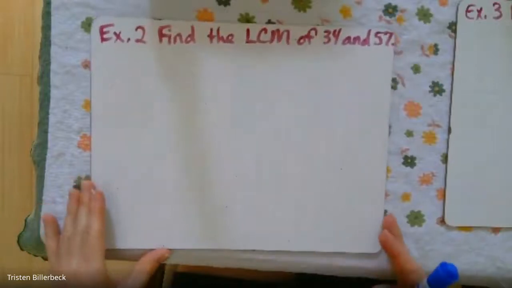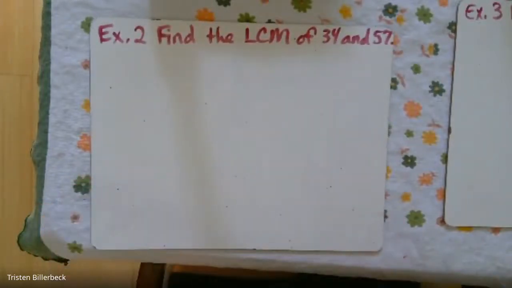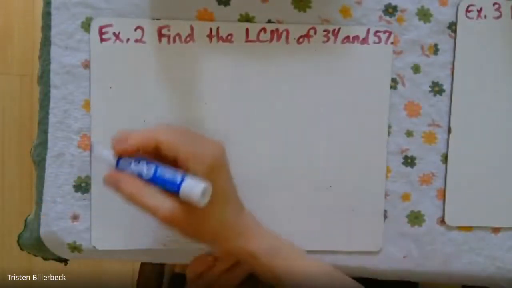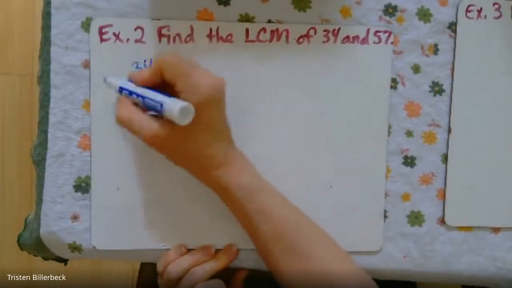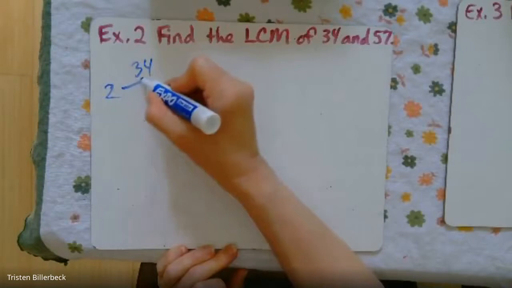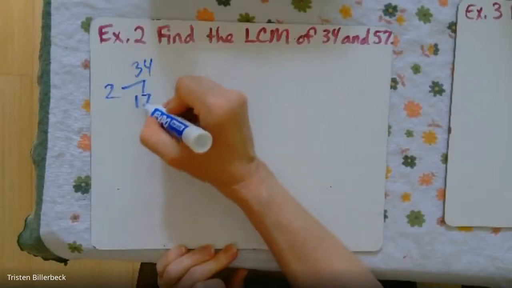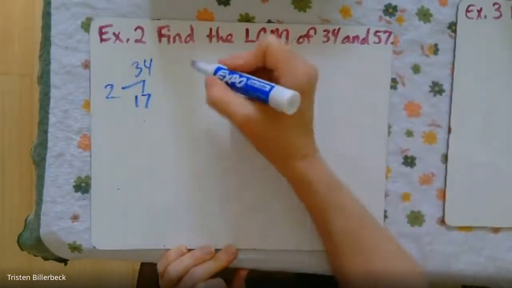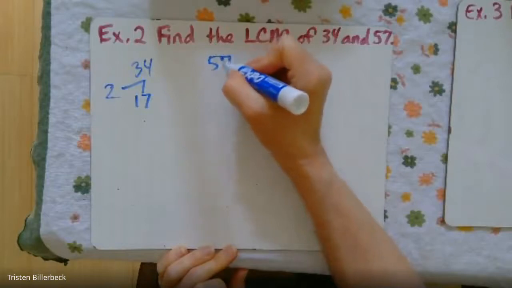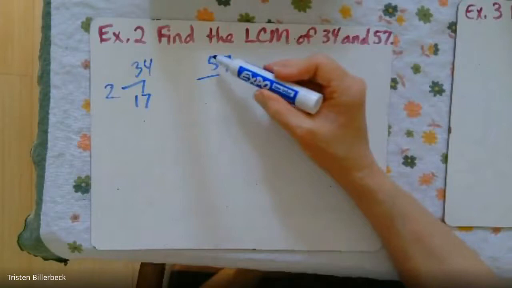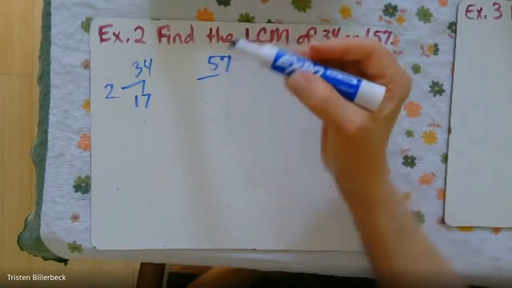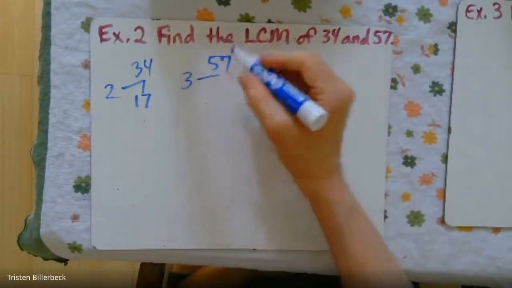All right, so let's look at the least common multiple of 34 and 57. So we have 34, we take a 2 out because it's even, and that gives us 17. 17 is prime, we're done. 57, it's not even, so 2 doesn't go into it. So 5 plus 7 is 12, so that means this is divisible by 3.